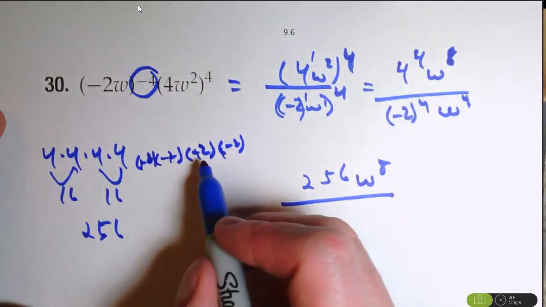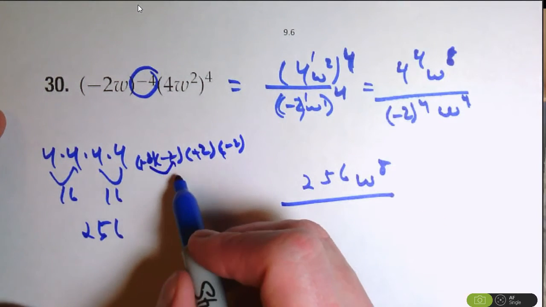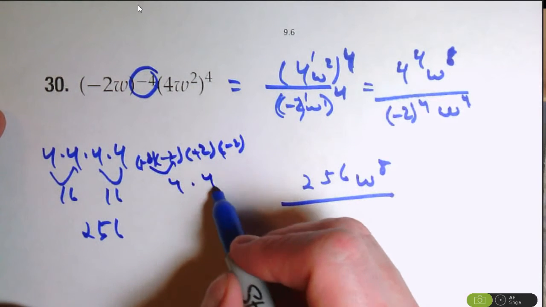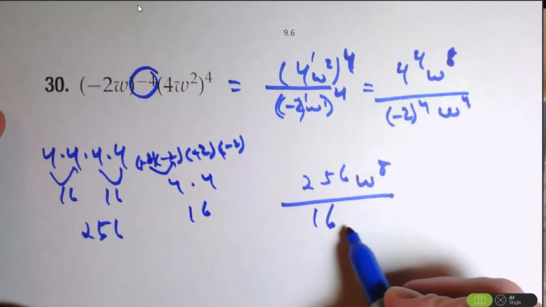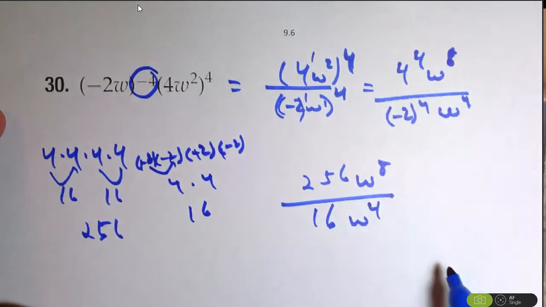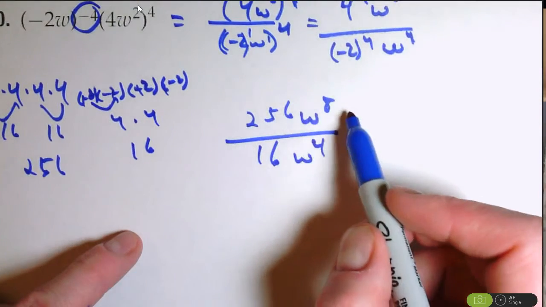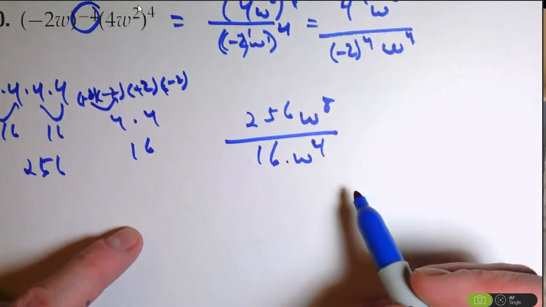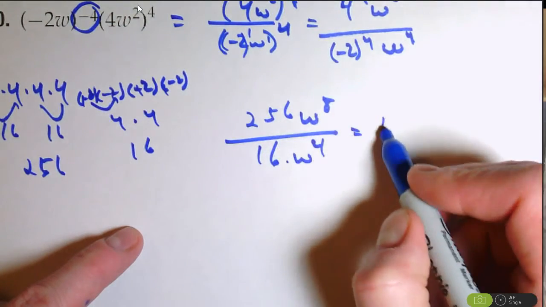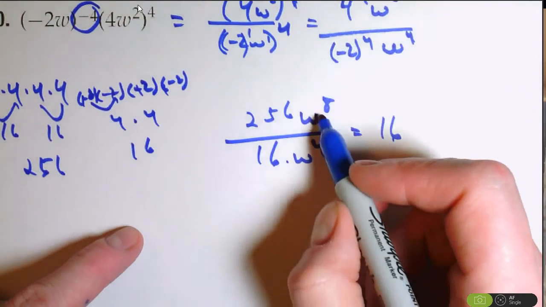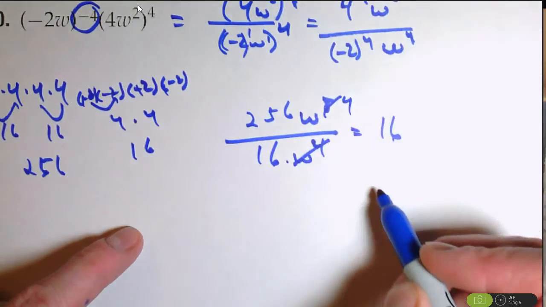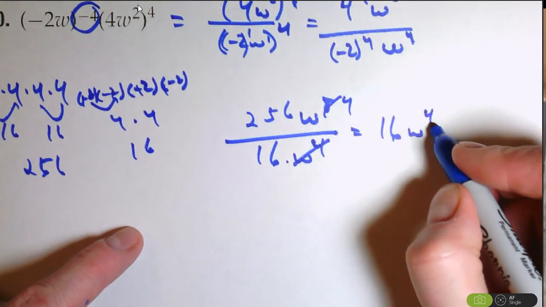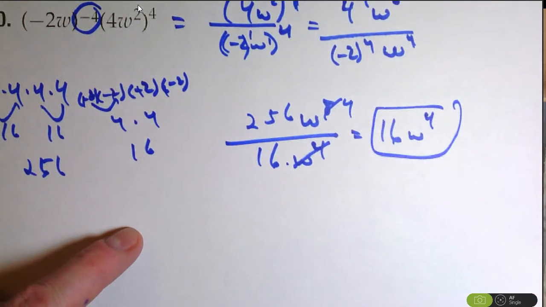That becomes positive now. 2 times 2 is 4. 2 times 2 is 4. That becomes 16. So it's 256 w to the 8th over 16 w to the 4th. Well, 256 over 16 is 16 when I divide them. W to the 8th over w to the 4th cancels off 4 w's. 16 w to the 4th.